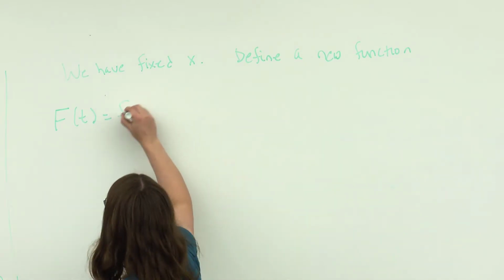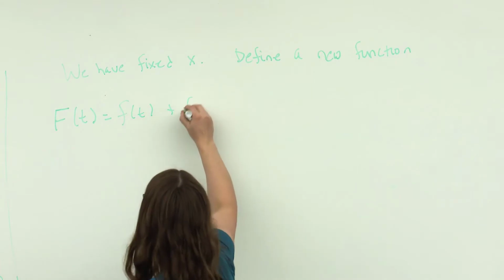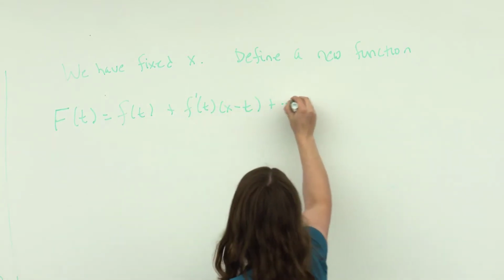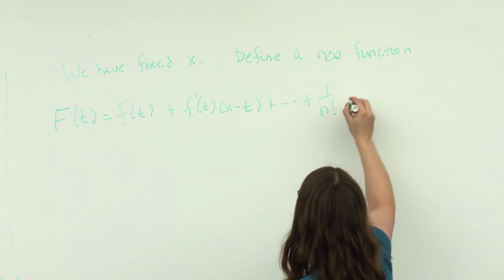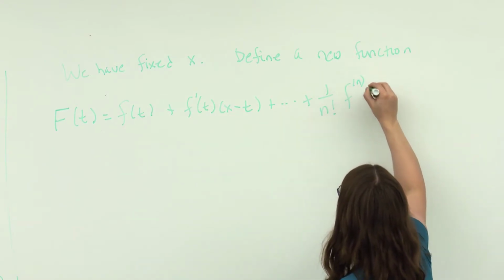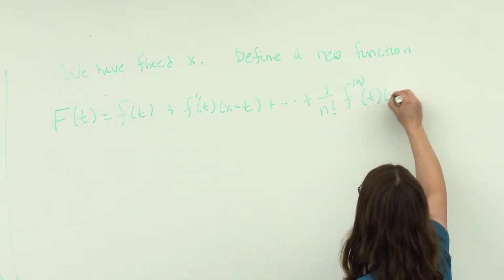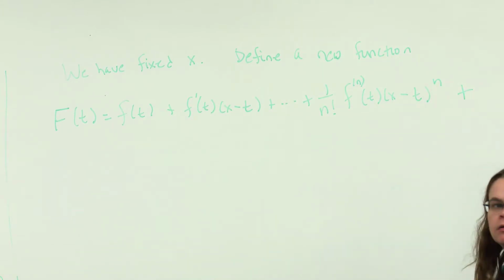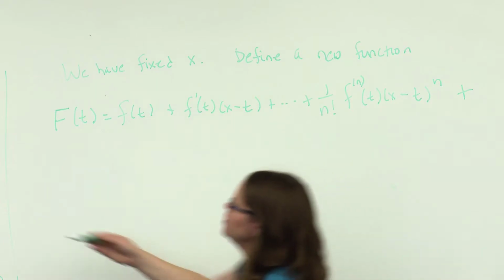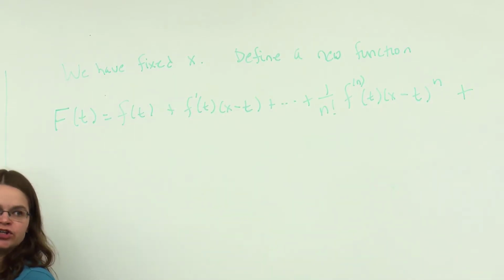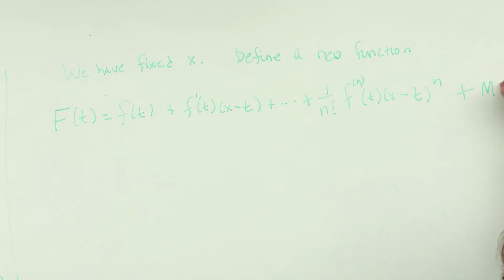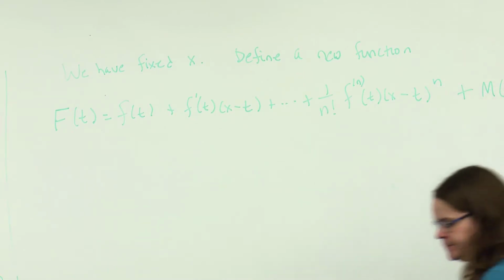So we're going to have f of t plus f prime of t times x minus t all the way down to 1 over n factorial, nth derivative of f at t, x minus t to the n. Okay, and then plus this remainder term here, plus m times x minus t to the n plus 1.